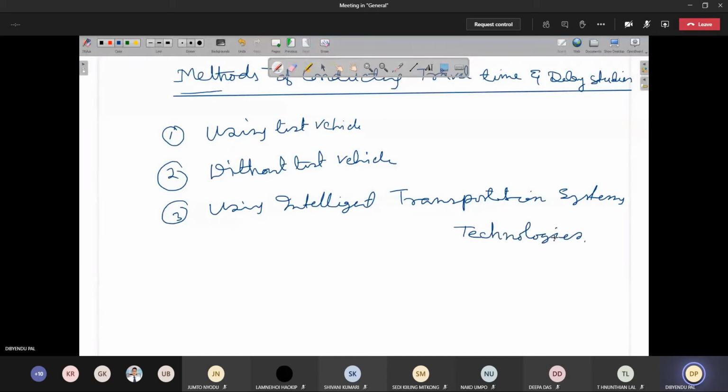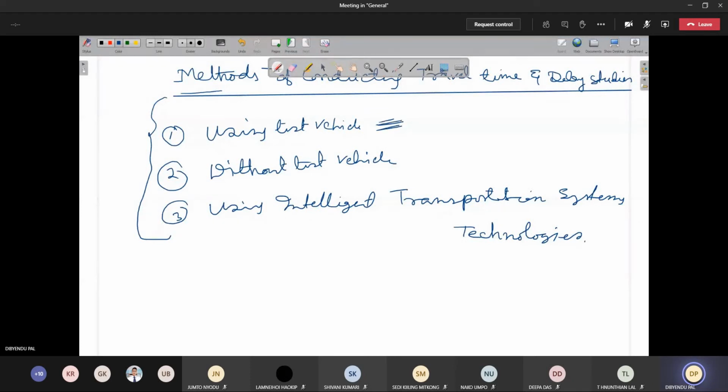Okay, so there are three categories by which we can conduct travel time and delay studies. The first category is those methods which use a test vehicle. A test vehicle means you need a sample vehicle to do the study.